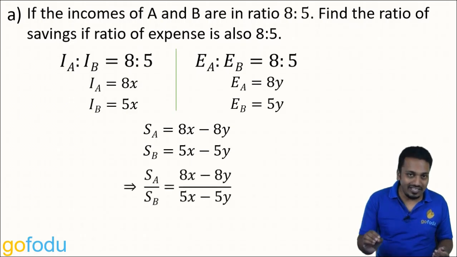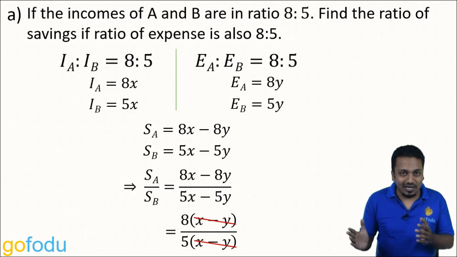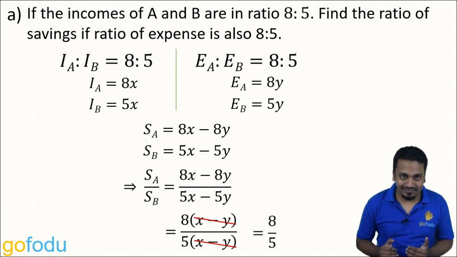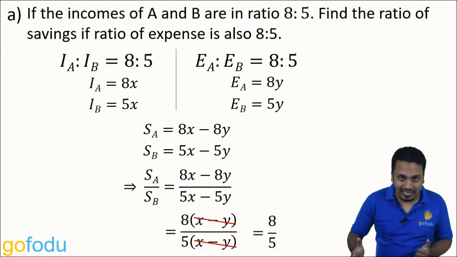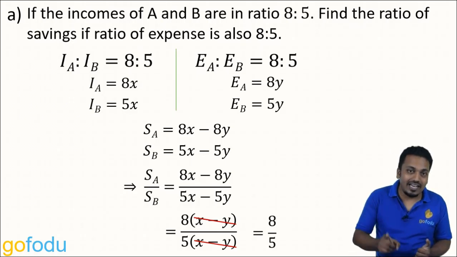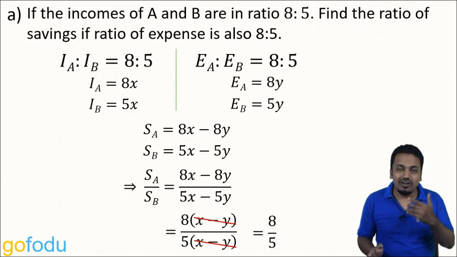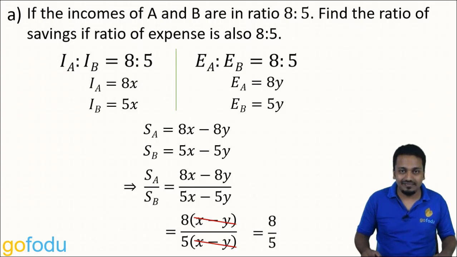Take ratio of savings. 8 and 5 will come out common and ratio will be 8:5. In case when x and y are equal, that means income will be equal to expense. Income 98, expense also 98. There won't be any saving for A as well as B.